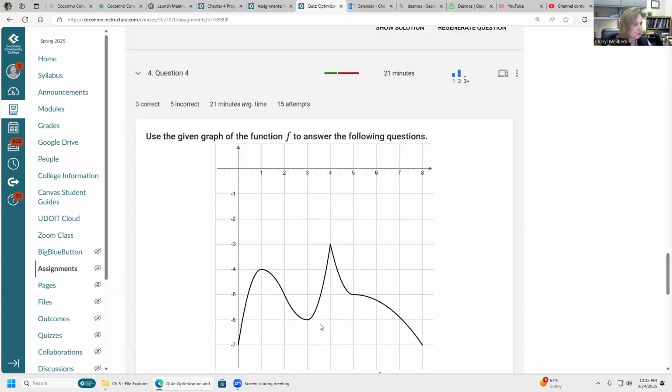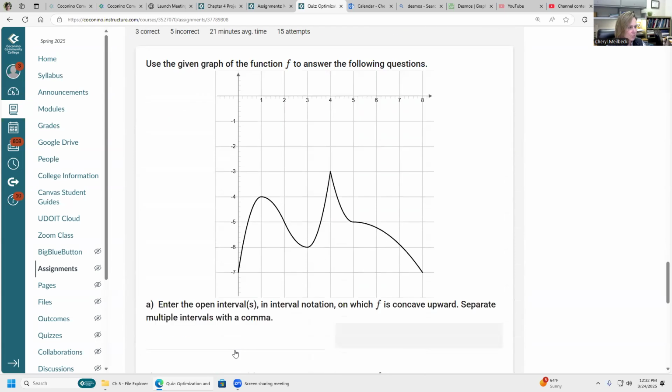Now we go on to question 4, which says, use the given graph of the function f to answer the following questions. So here our x values are each box and our y values too. Enter the open intervals in interval notation on which f is concave upward and separate multiple intervals by commas.